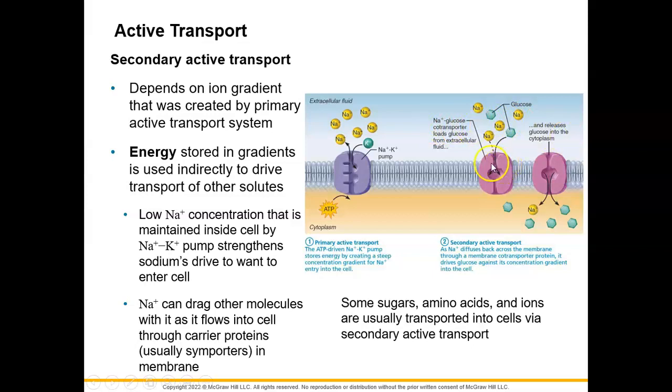This sodium-glucose symporter will allow sodium to drag this glucose against its concentration gradient into the cell. This process only works because we have invested the energy to create such a sharp gradient for sodium by pushing so many sodiums out of the cell using the sodium-potassium pump. We use this secondary active transport to move some sugars, amino acids, and ions across the cell membrane.